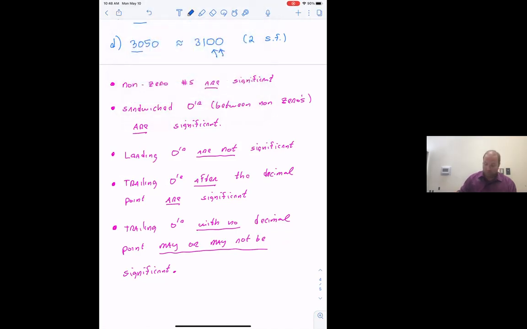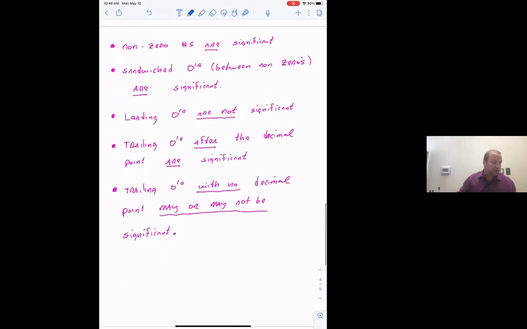So that is the end. Oh, and one more thing we should throw in as a rule. When rounding, always check the number to the right of the rounding spot.